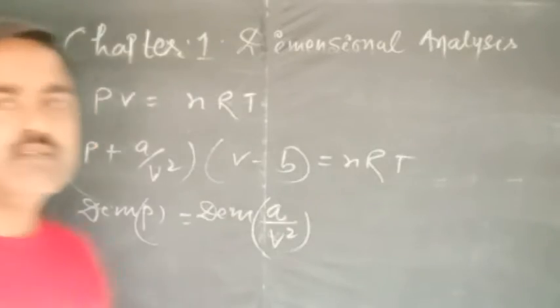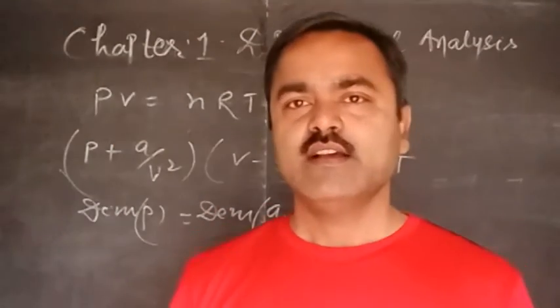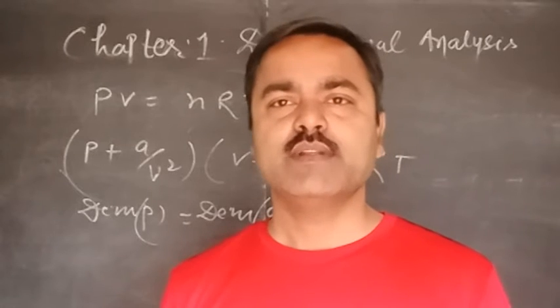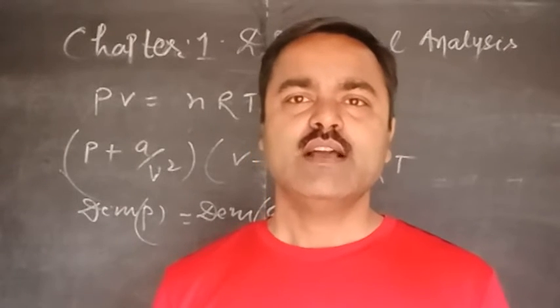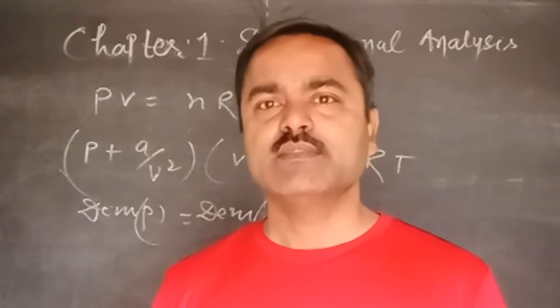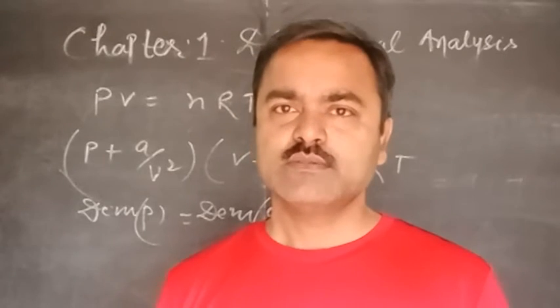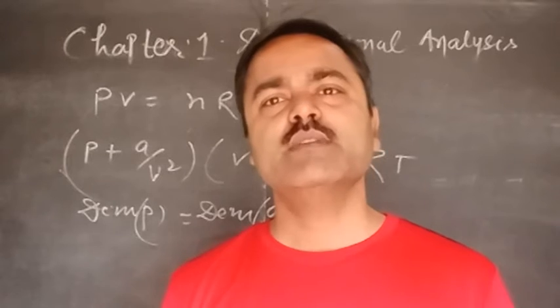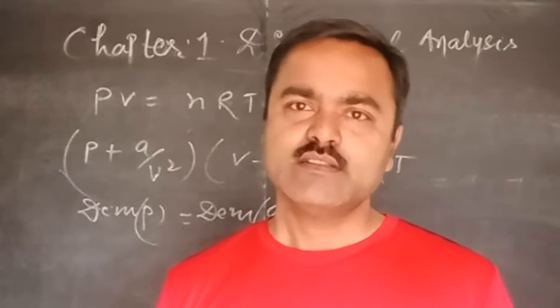You know this P is the pressure, and what is the dimensional formula of pressure? Pressure is F upon A, and you know the dimensional formula of F is MLT minus 2, divided by L square. So definitely it is ML minus 1 T minus 2.